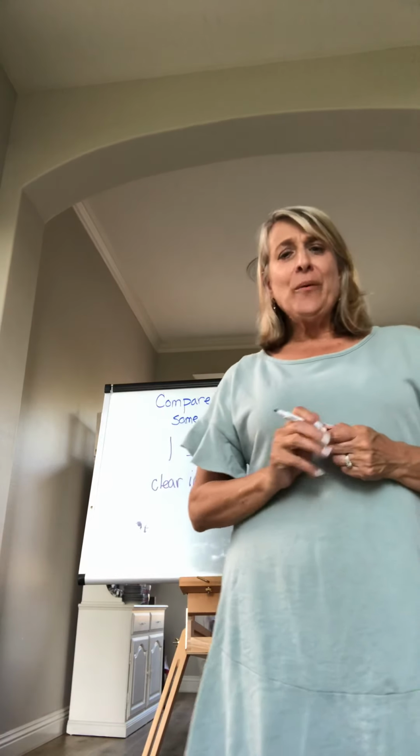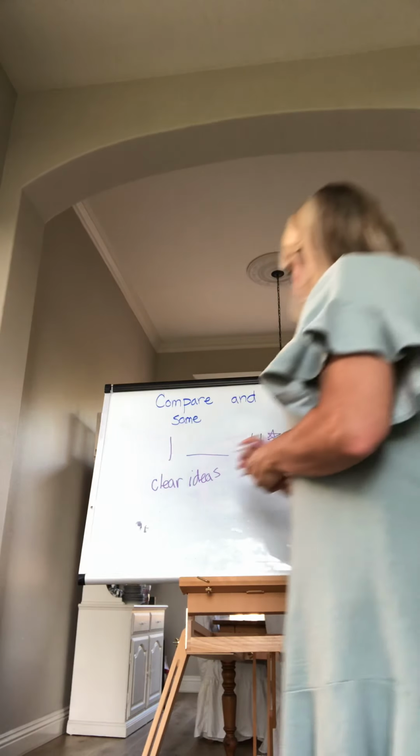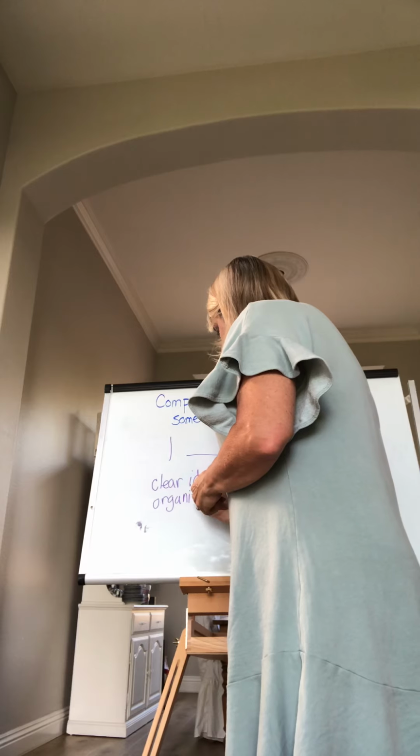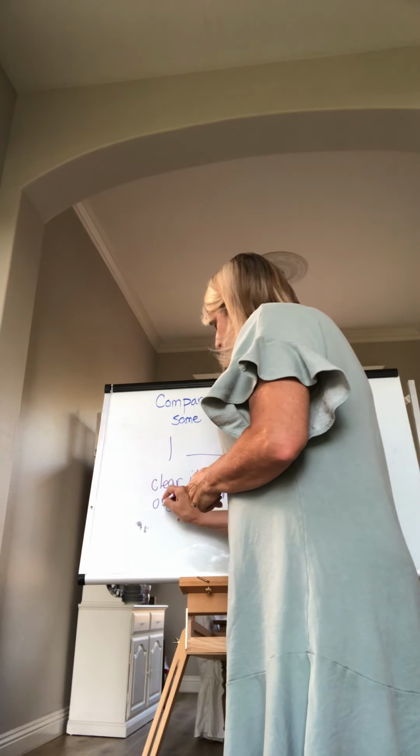Does the reader know what you're talking about? The second one is organization. And we've talked about this in other writing. Are you jumping all over, or is one thought leading into the other with good transitions?